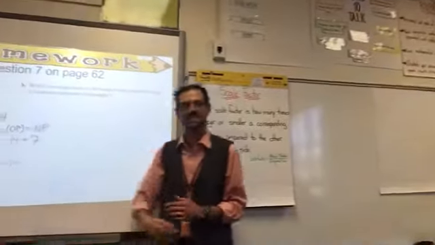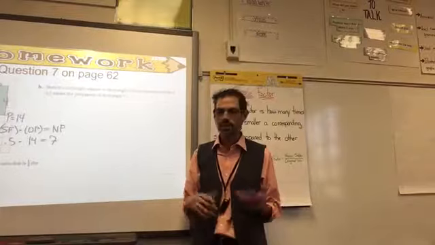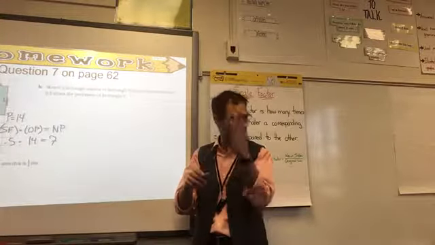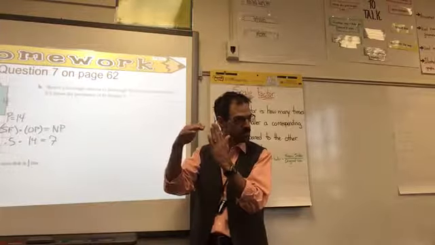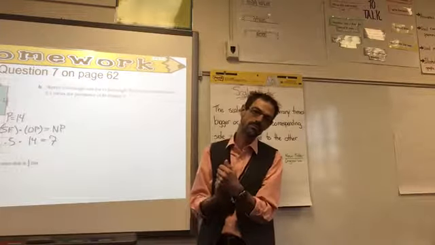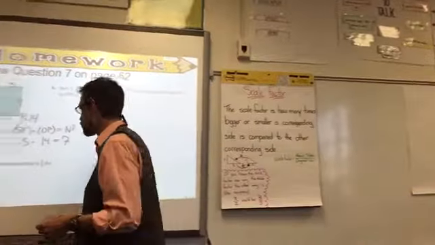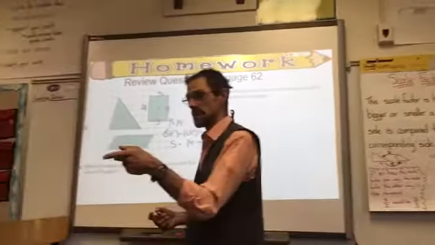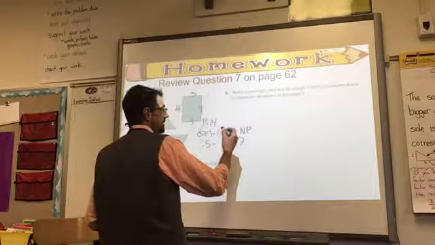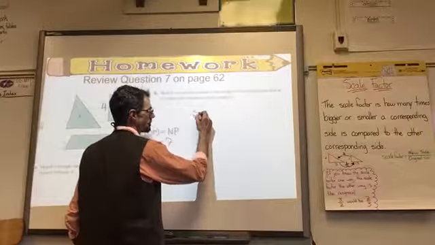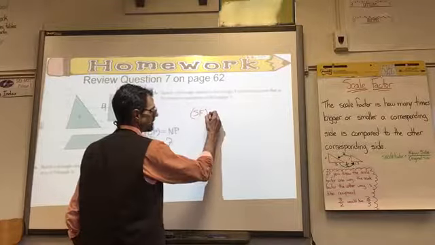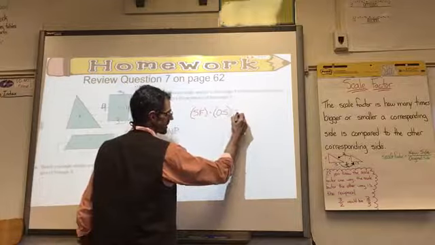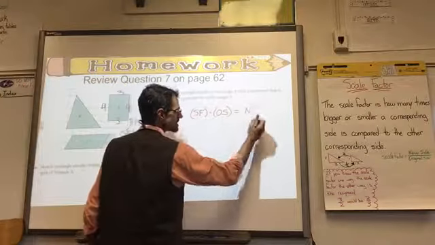But now it tells me to sketch it. I know that it's going to be 7, but I don't know how long this side is and that side, right? So what do I need to do? Callie? You need to multiply the side lengths by your scale factor. So now I'm going to use that algorithm that we wrote down before: scale factor times original side length is going to equal your new side length.